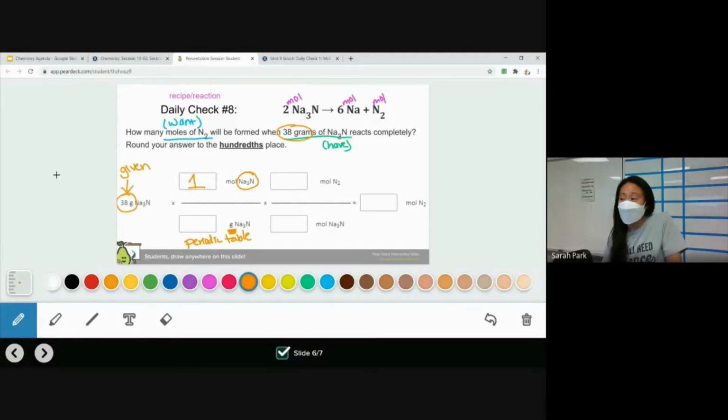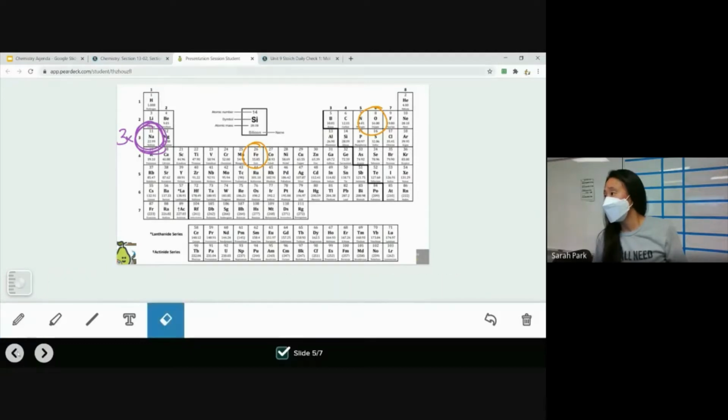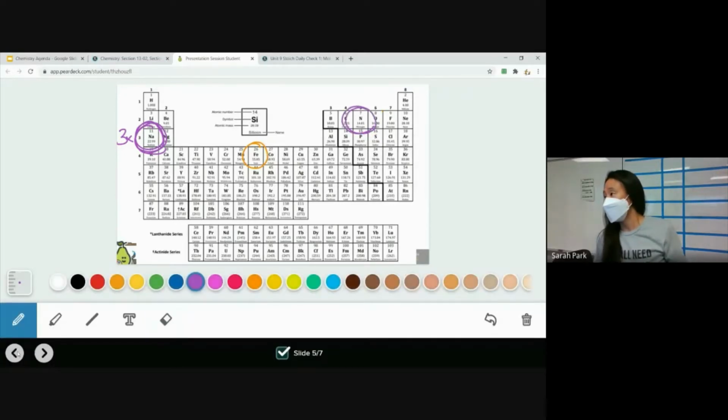Can somebody tell me how much this compound weighs by any chance? So once again, you can hop over to your periodic table. 3 sodiums and 1 nitrogen. So sodium is over here, and you have 3 of those. And you have 1 nitrogen over here, so 1 of those.